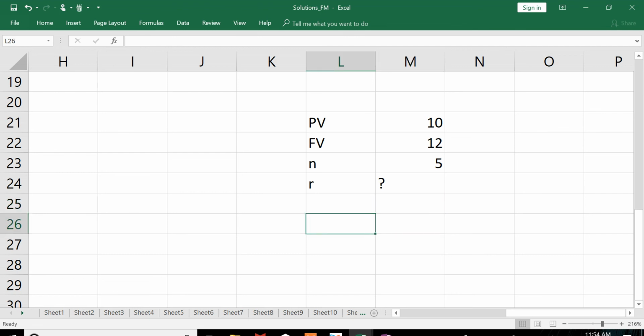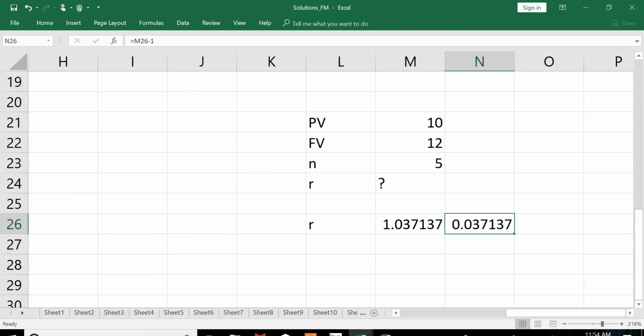Present value equal to 10. Future value equal to 12. N equal to 5. R equal to 3.71%, approx 4%.